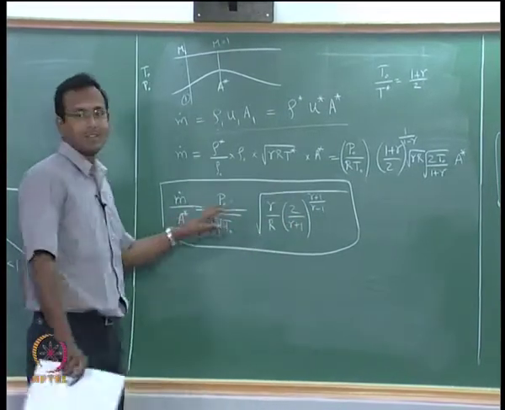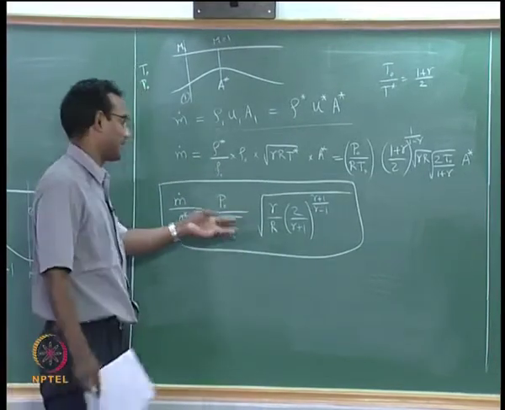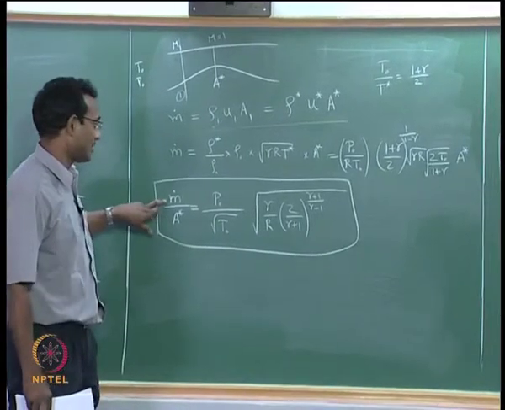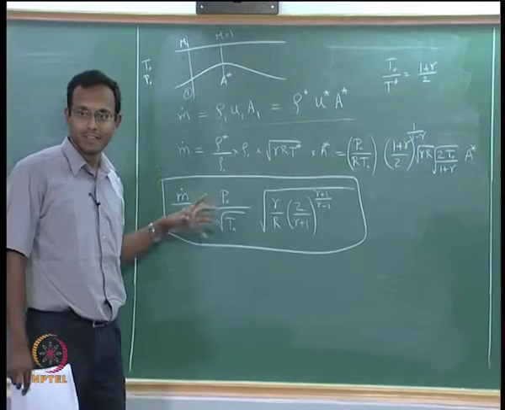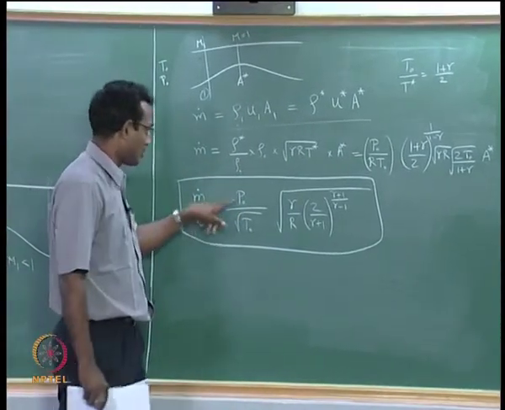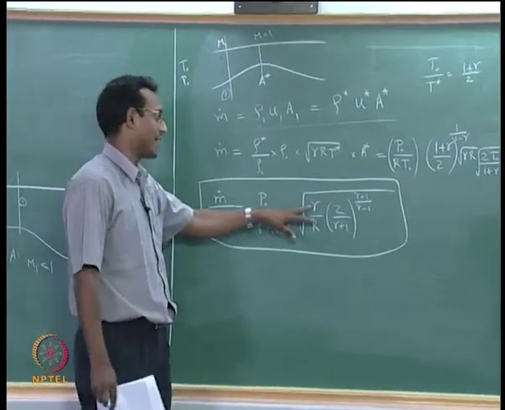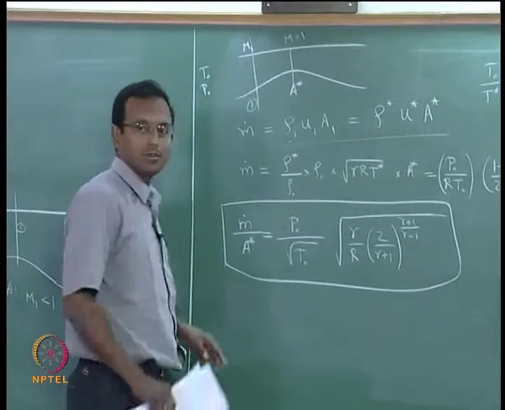That can also be done, and I will give an exercise of that form and I will put it up on the web for that purpose. That means I can get mass flow rate. If I know the Mach number and the critical area, I can get mass flow rate through any duct. Of course, you should also know the stagnation conditions, pressure and temperature, and the gamma value of the gas. These are the things you need to know to get to mass flow rate through the duct.